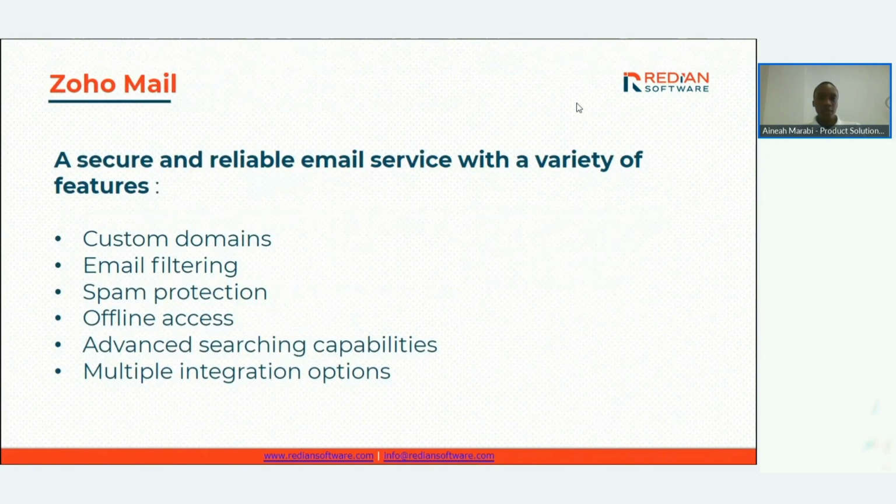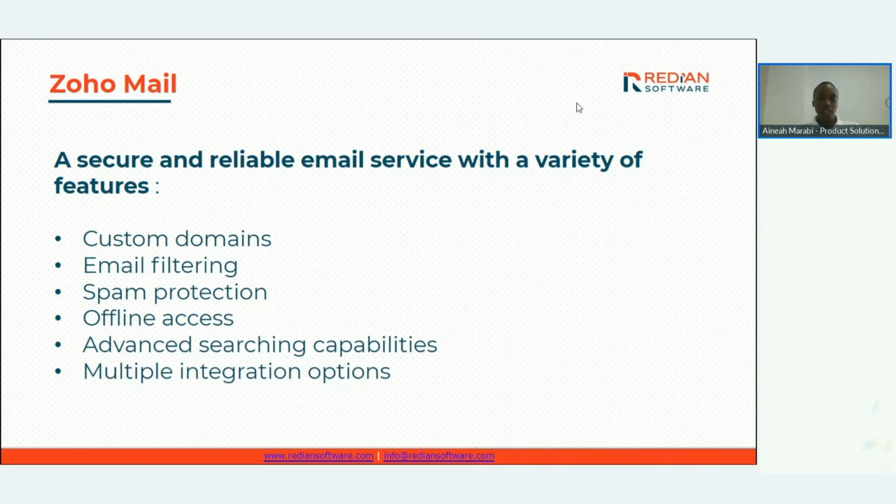The first application we look into is Zoho Mail. Zoho Mail is a secure and reliable email service with a variety of features. With Zoho Mail, you get a free custom domain for your business with multiple features such as email filtering. You're protected from spam emails.